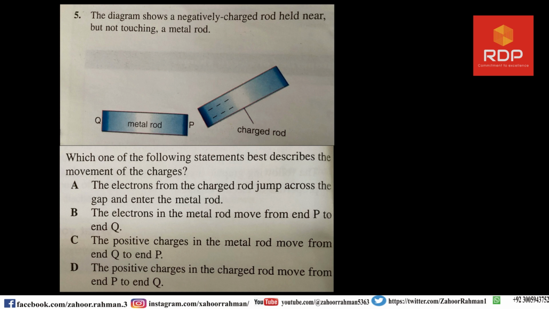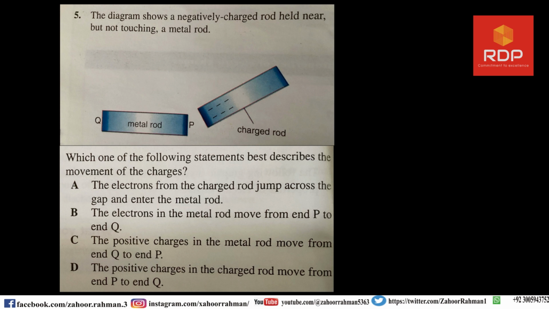In the first instance, the metal rod is neutral. Neutral means that the negative and positive charges are spread over the metal rod evenly. Which one of the following statements best describes the movement of the charges?